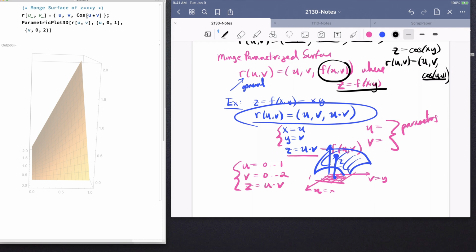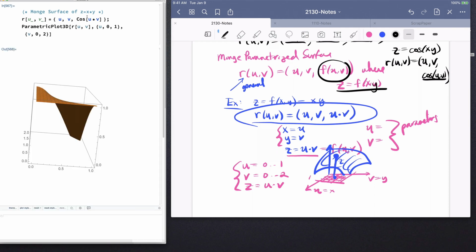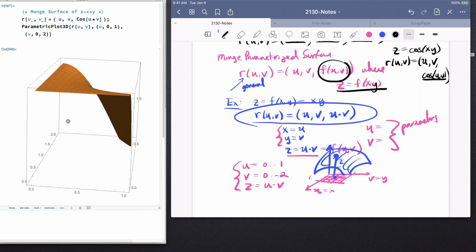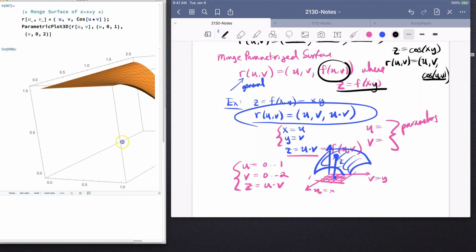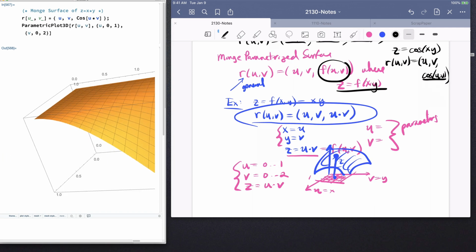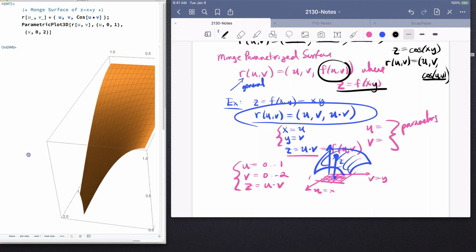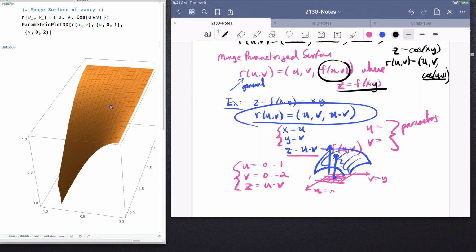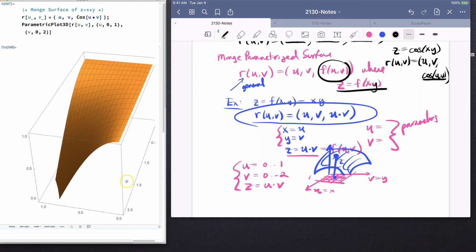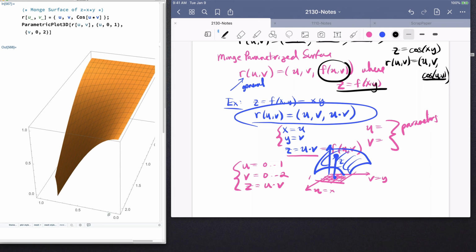All we're doing here is essentially changing x to be u and y to be v, so it's just a change in notation. But there is the example of this surface when x or u goes from 0 to 1 and y or v goes from 0 to 2.